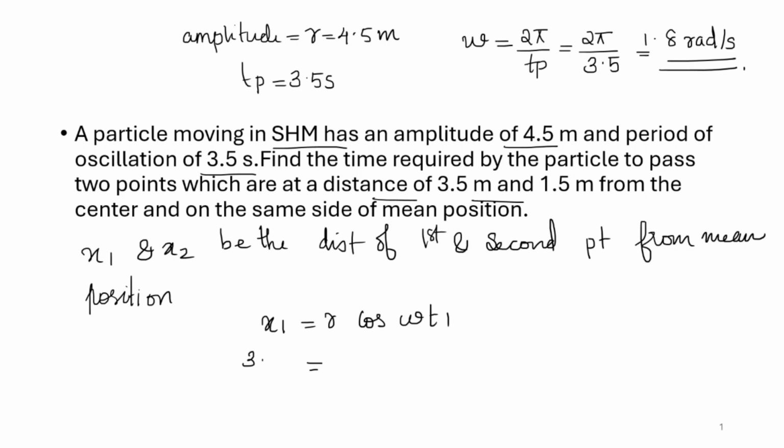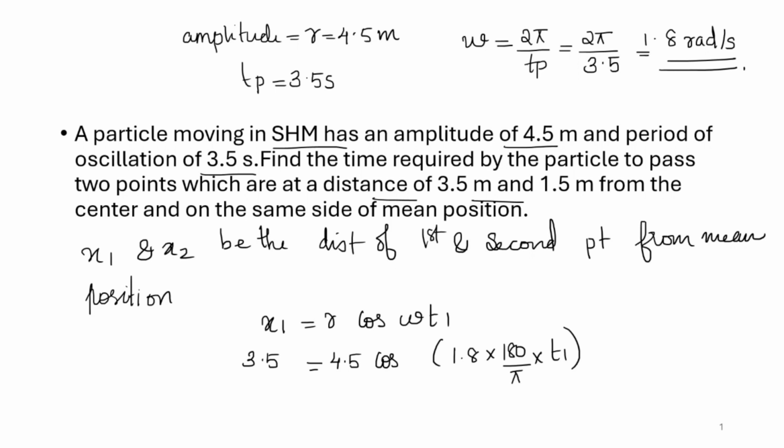x1 is 3.5 meters, that is equal to r, which is 4.5, into cos omega, where omega is 1.8 radians per second. We need to convert that into degrees: 1.8 into 180 divided by pi into t1.